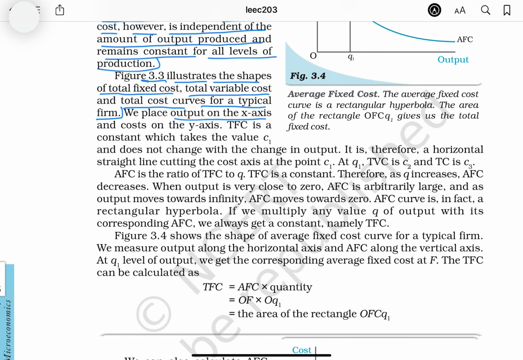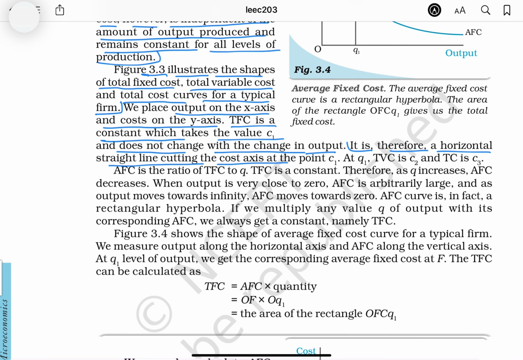We place output on the x-axis and cost on the y-axis. TFC is a constant which takes the value C1 and does not change with the change in output. It is therefore a horizontal straight line cutting the cost axis at the point C1. At Q1, TVC is C2 and TC is C3.